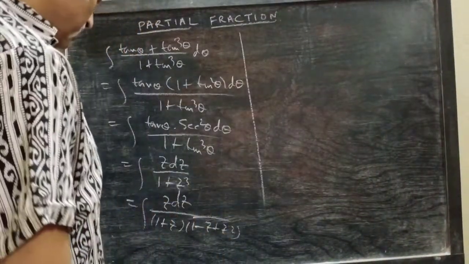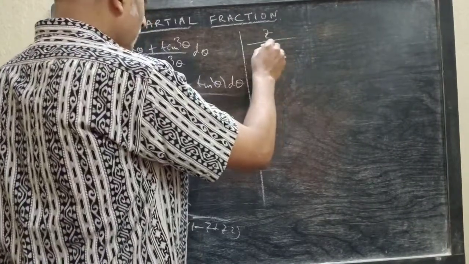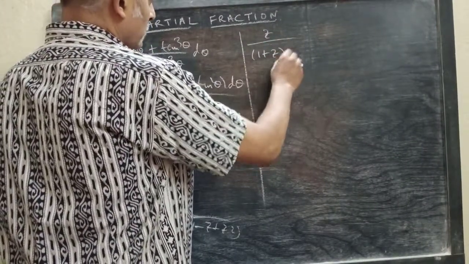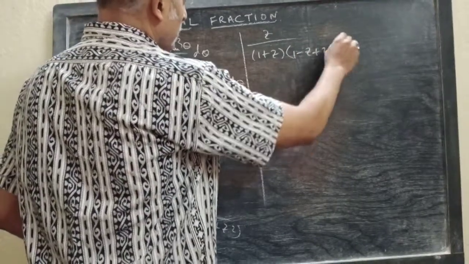Now I have to do partial fraction. The fraction is z by 1 plus z into 1 minus z plus z square.